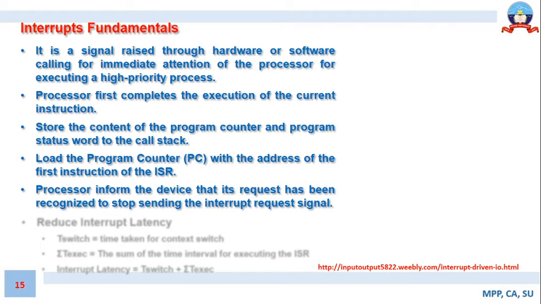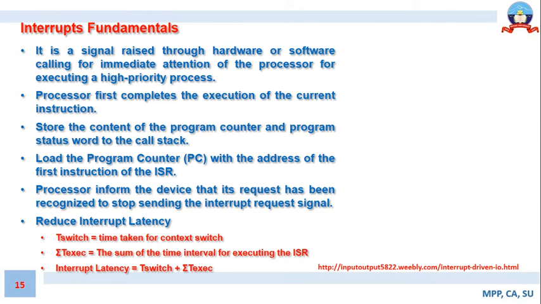So the processor informs the device that its request has been recognized and it has to now stop sending interrupt request signals, because it may so happen that the device may continuously raise interrupts, which may actually disturb the central processing unit whenever it performs an operation. So the central processing unit acknowledges that it has received the interrupt and that the device now needs to stop sending interrupt requests. So this is, in very simple terms, how an interrupt is handled by the central processing unit if it desires to attend the interrupt.